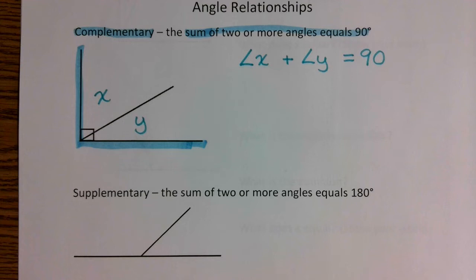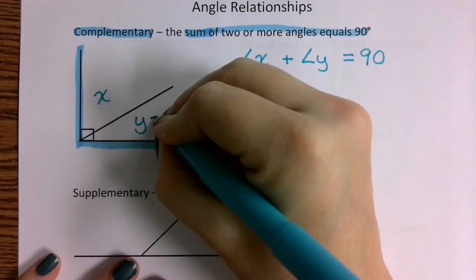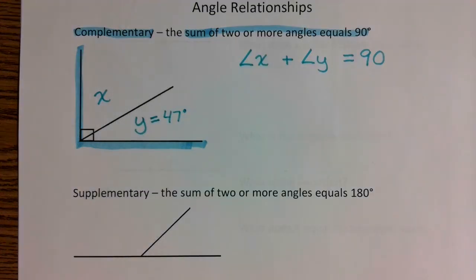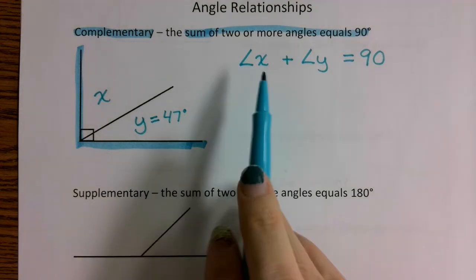Now, let's just pretend that I know the measurement of angle Y. Let's say that I know that Y is equal to 47 degrees. I can write a one-step equation using this information.